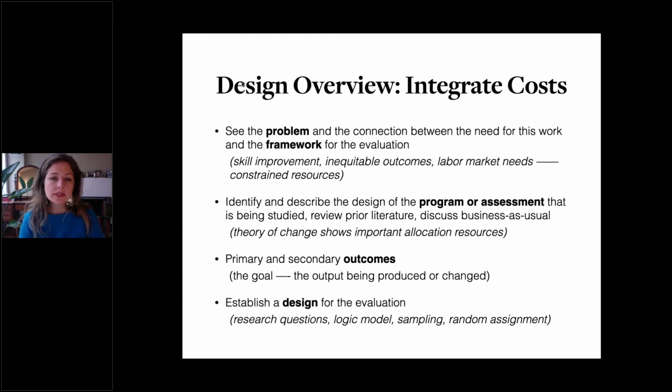Okay, so when you set out your problem, or you think about the need for this work and how you're connecting that to the framework for the evaluation, often in our proposals, we are talking about things like improving skills, inequitable outcomes. We might be talking about longer term labor market outcomes or post-secondary. We also are often talking about constrained resources.